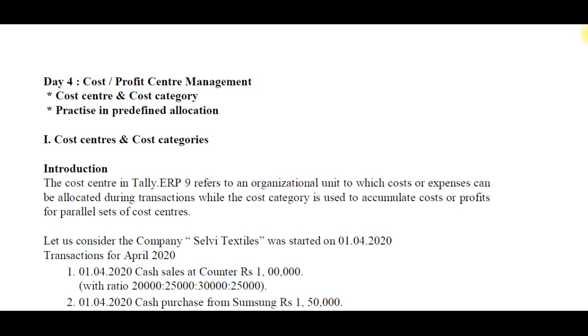The branch is a category, and branch one is a cost center. Here the 1 lakh business is from salesman one, so the salesman category gets 1 lakh for the salesman one cost center, and also salesman one belongs to branch one, so the branch one cost center gets 1 lakh sales.